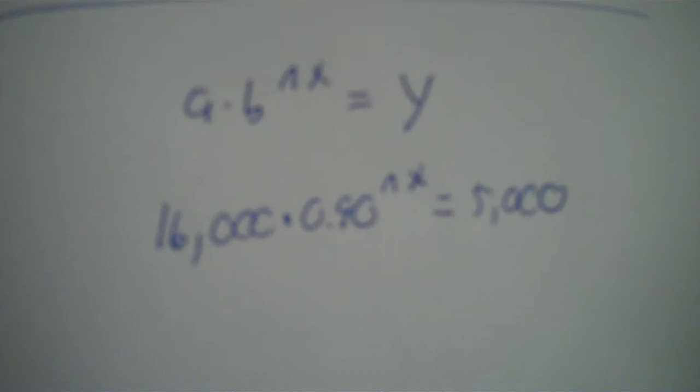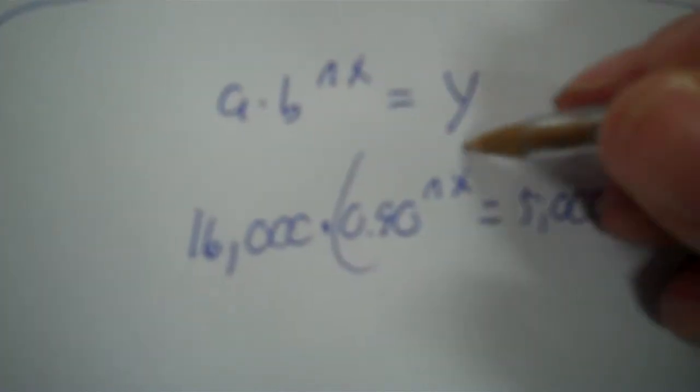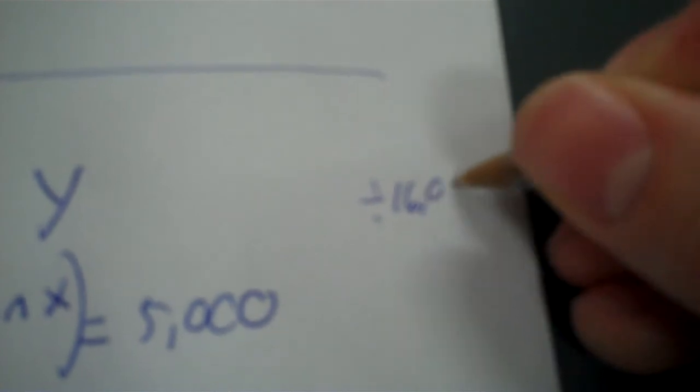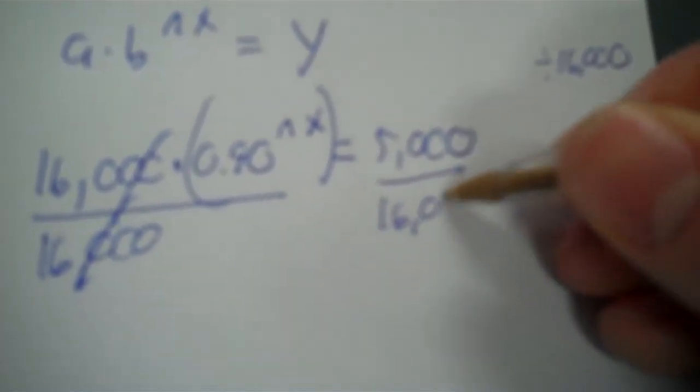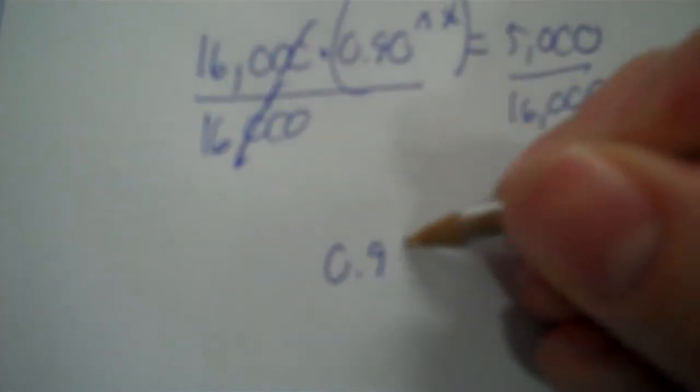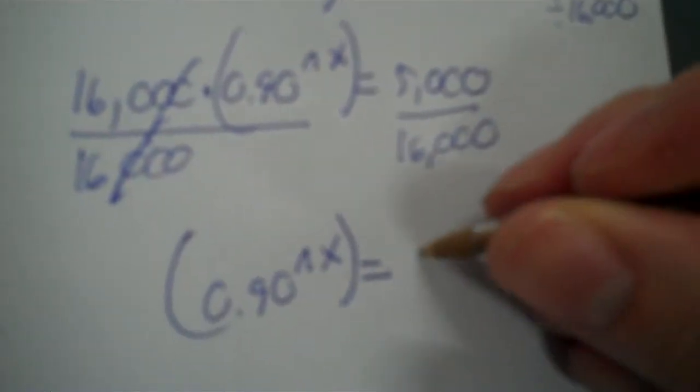Okay. Now you're solving for the X. X is a power. So I need to see that. You need to divide by the 16,000. So yes, I'm going to divide 5,000 by 16,000. 0.3125.